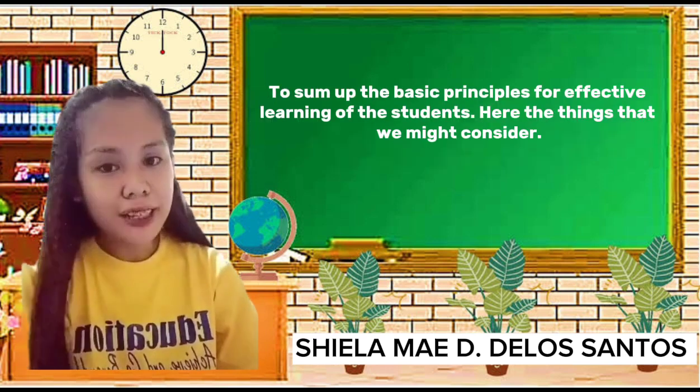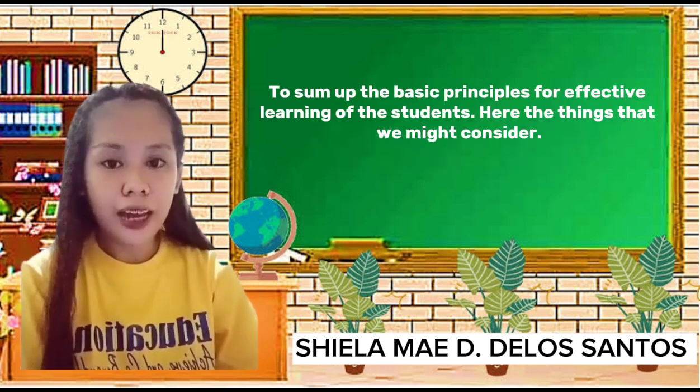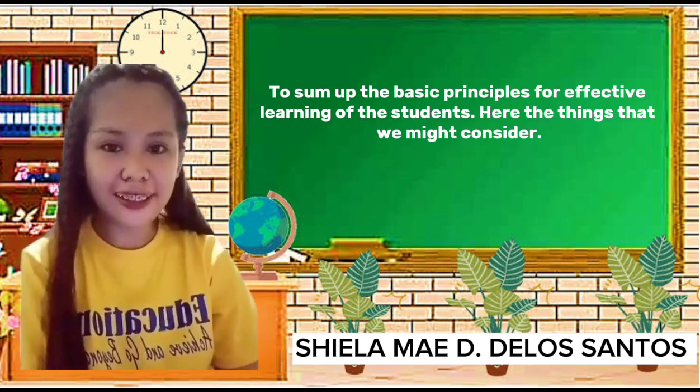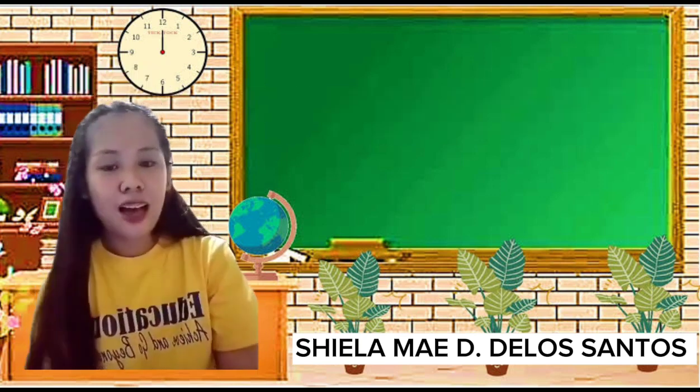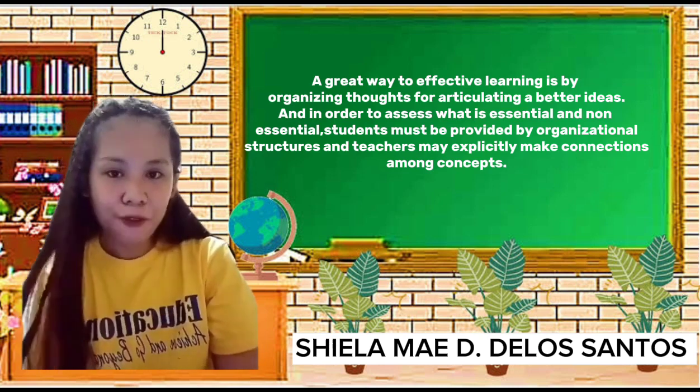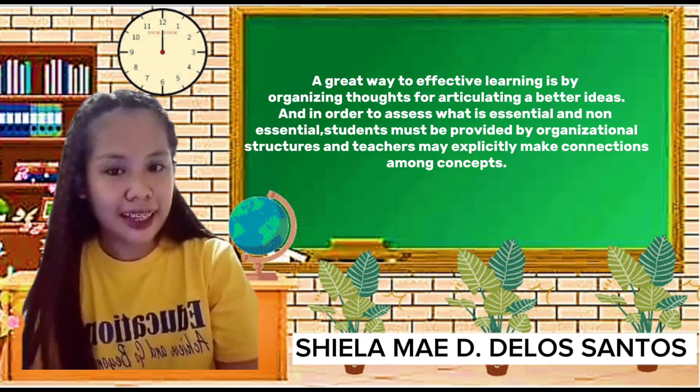To sum up the basic principles for effective learning of students, here are the things we might consider. A great way to effective learning is by organizing thoughts for articulating better ideas.